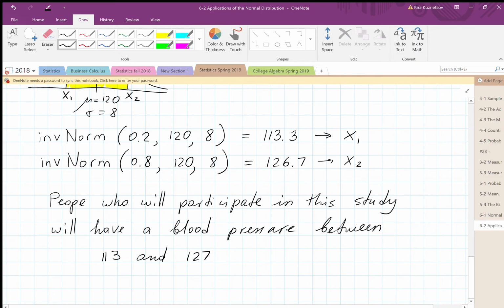If we know the units, that would be awesome. If we don't, we don't. I don't see any units, so we'll put a period.